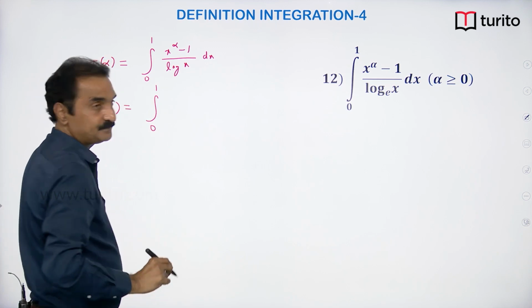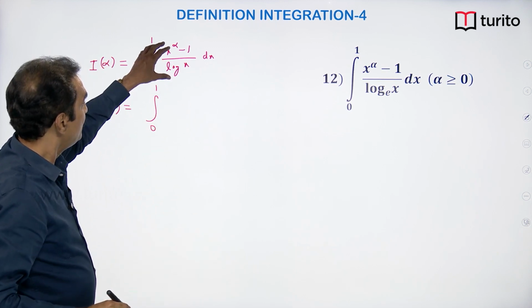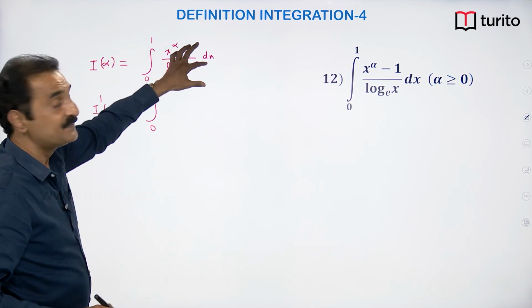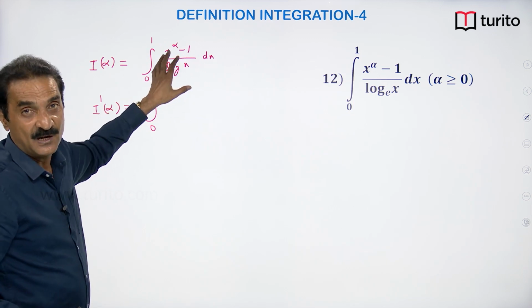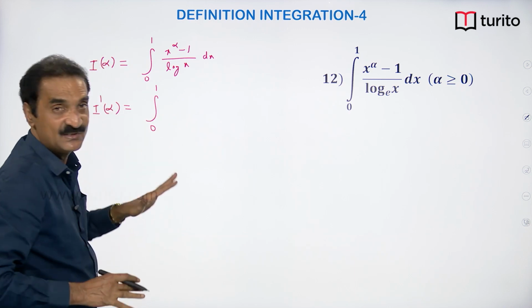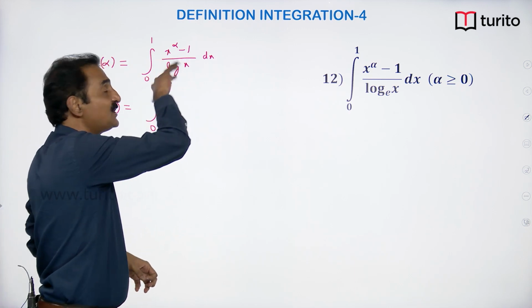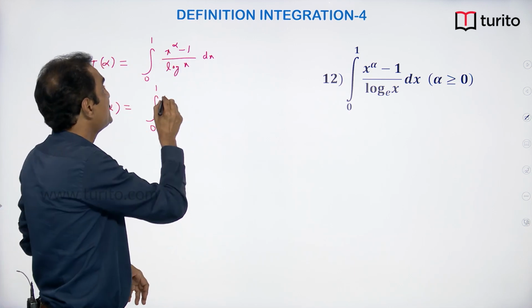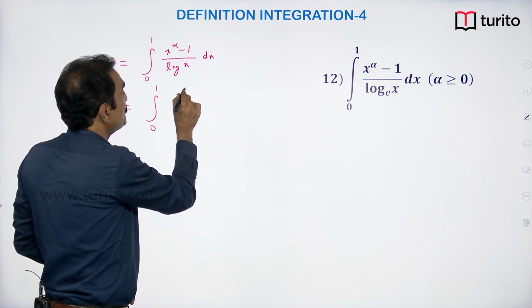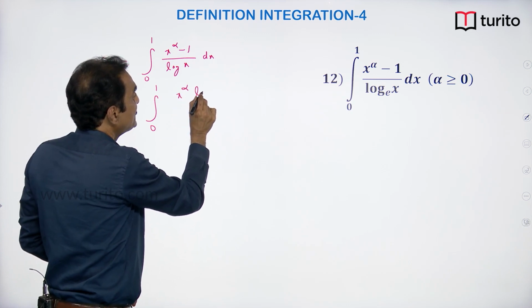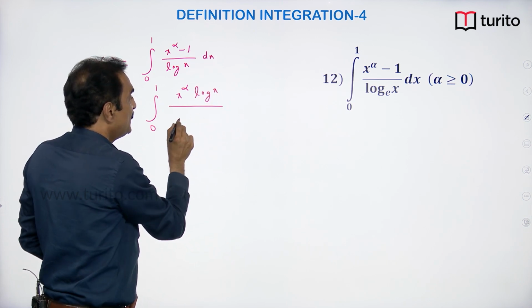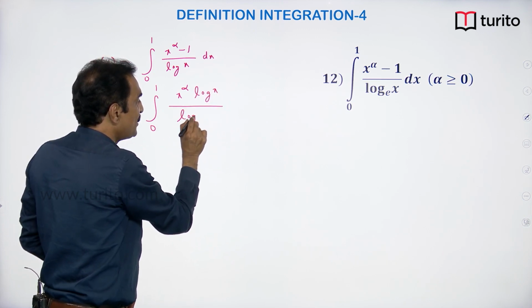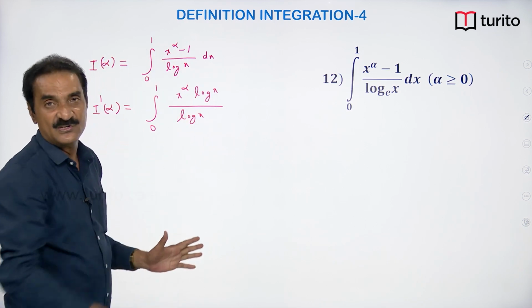integral 0 to 1. When you are differentiating, this integral is with respect to x, but we are differentiating with respect to alpha. So, we will keep the integral as it is and we will differentiate the function with respect to alpha. What is the derivative of x power alpha with respect to alpha? It will be x power alpha into log x minus 0, and x is just like a constant.